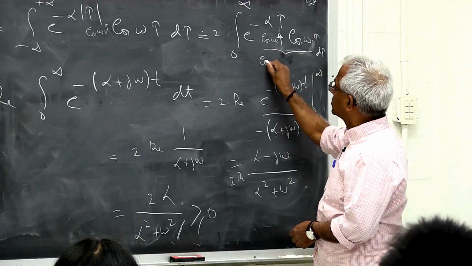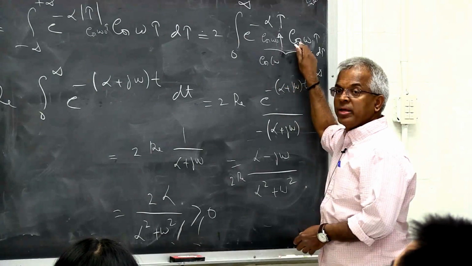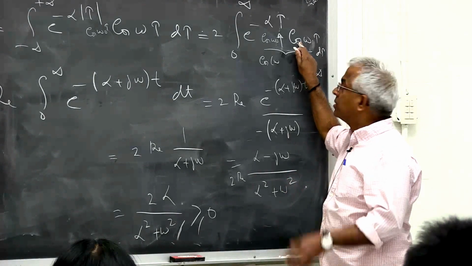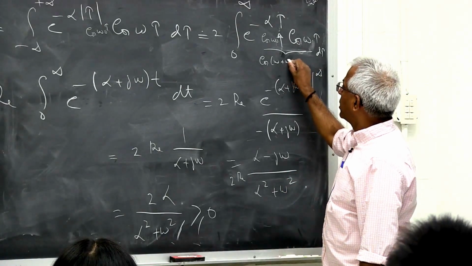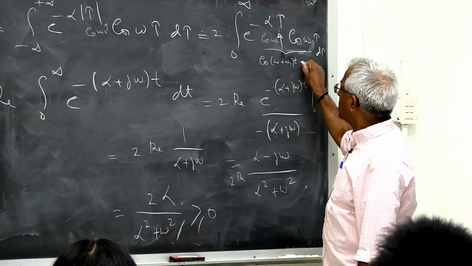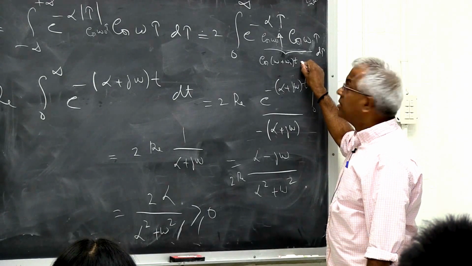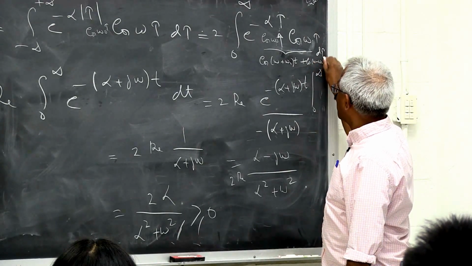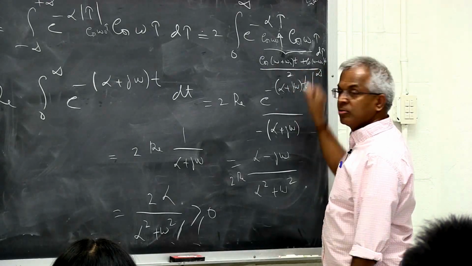This has to be written as cos A cos B, which is what? You forgot? Cos of omega plus omega naught t plus cos of omega minus omega naught t, over 2, right?